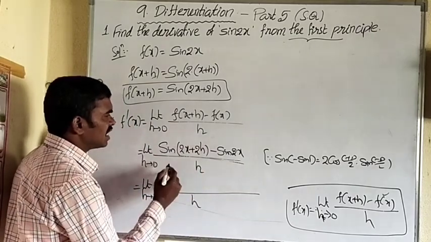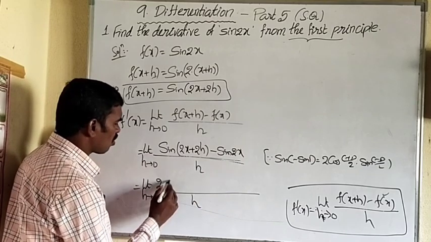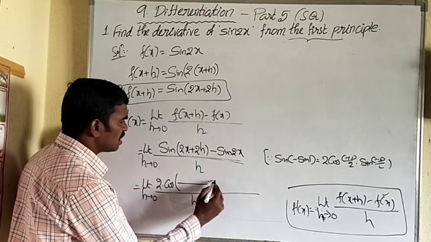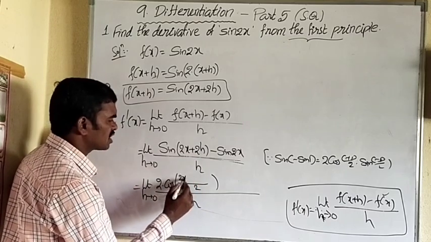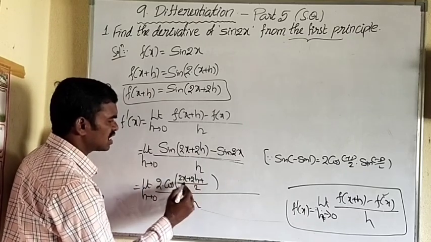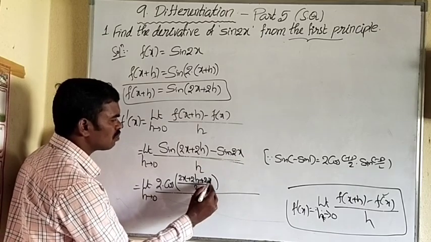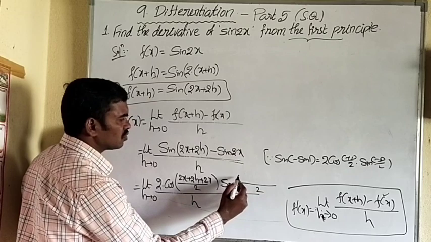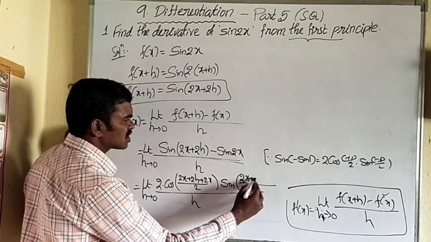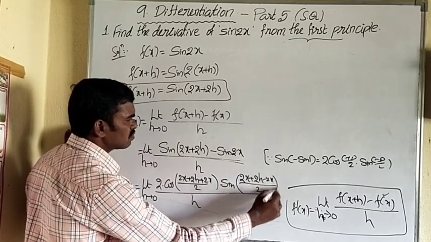Applying that formula: limit h tends to 0, by h as it is. Sin c minus sin d is 2 cos of c plus d by 2. Here c is 2x plus 2h and d is 2x, so c plus d is 2x plus 2h plus 2x, by 2, into sin of c minus d by 2, that is 2x plus 2h minus 2x by 2.